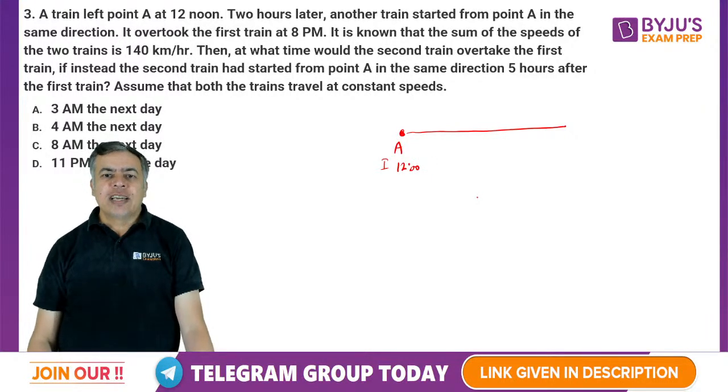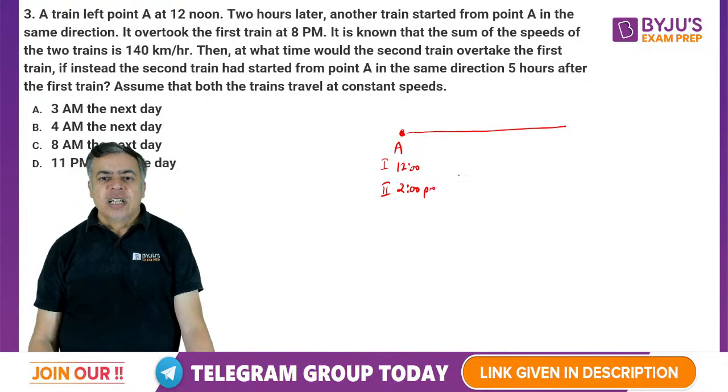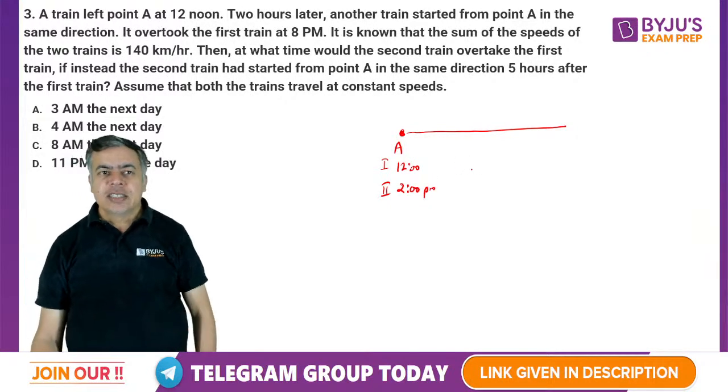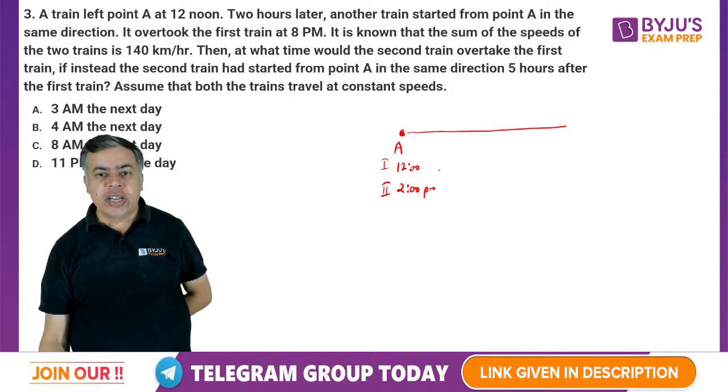Two hours later another train starts, so the second train starts from here at 2 p.m. Now the thing is that the first train was already at some distance.